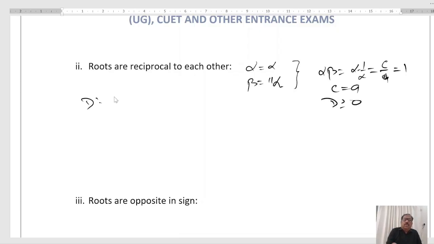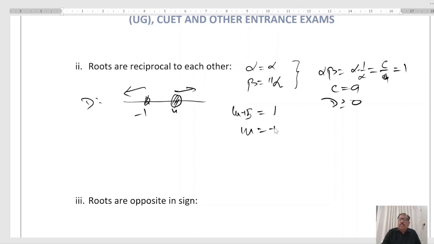We have already calculated D, which is (m plus 1)(m minus 4). Here c equal to a, and c is m plus 5 equal to 1, so m equal to minus 4.